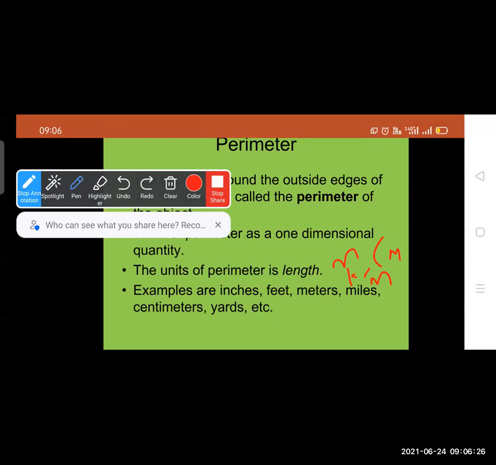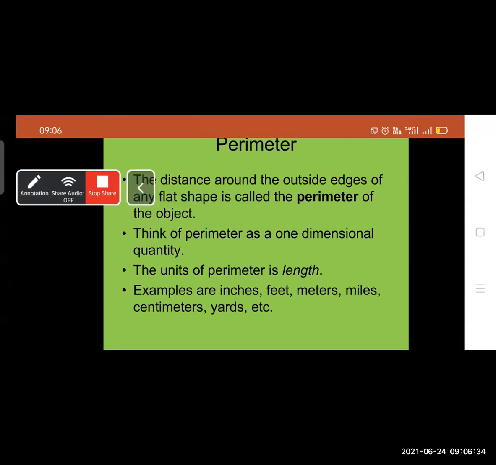The standard unit is the meter. Examples of units of length are inches, the smallest unit, feet, meter, miles, centimeter, yards, etc. When we measure our height, the height of a person, we take it in feet or inches. And when we find distance, we consider meters, or if the distance is large, we take it in miles.